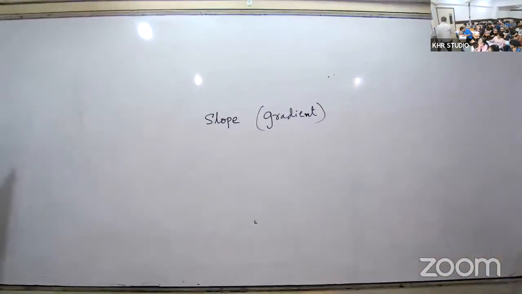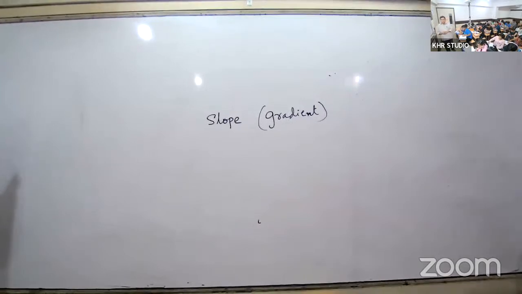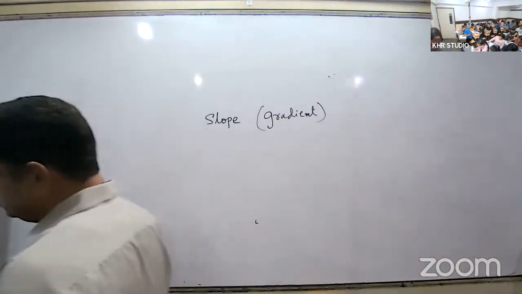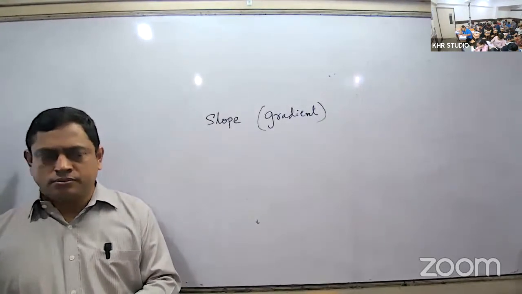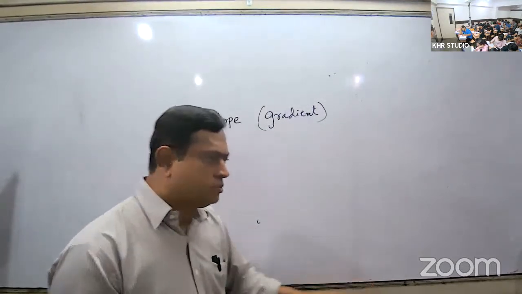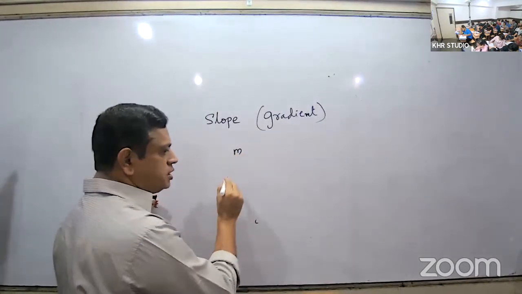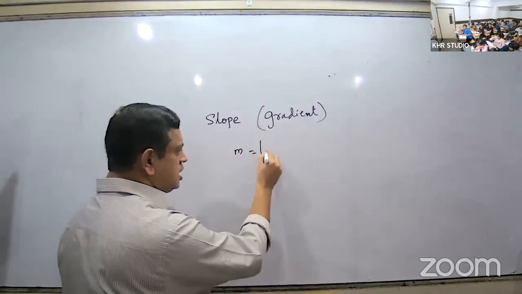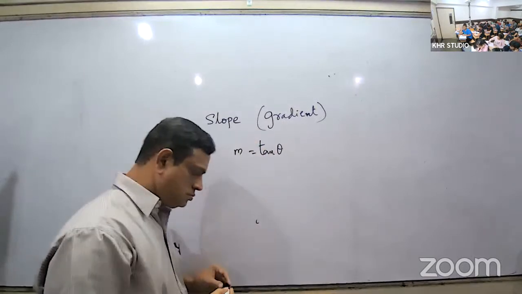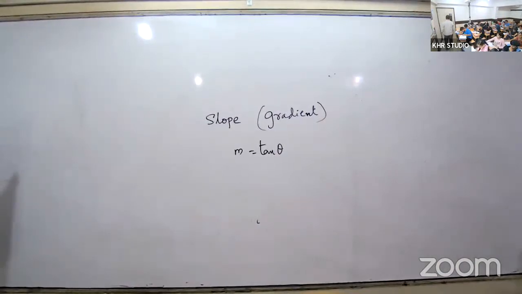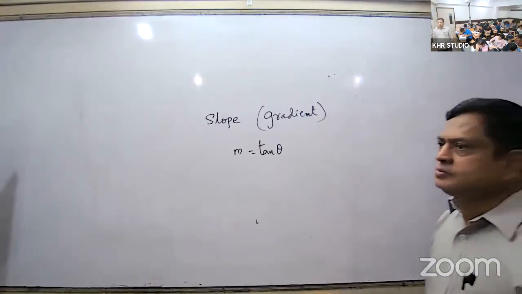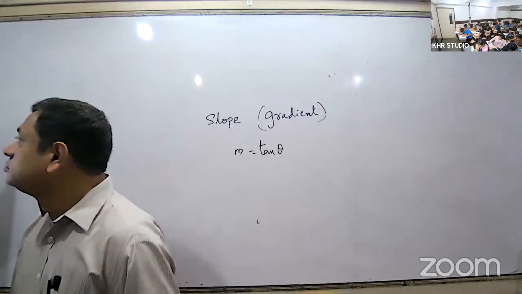Slope or gradient of a line is denoted by small letter m, and defined as m is equal to tan theta, where theta is the inclination.